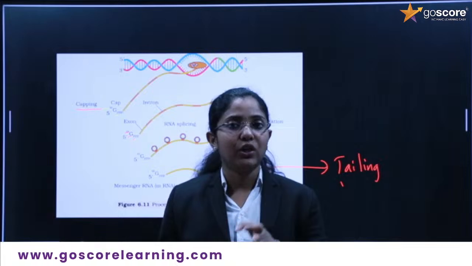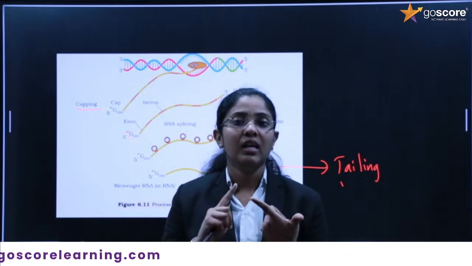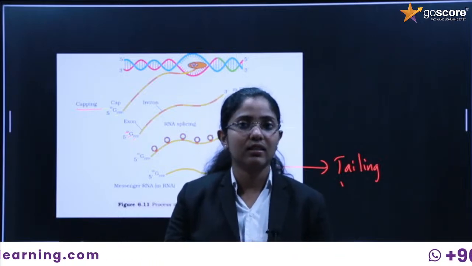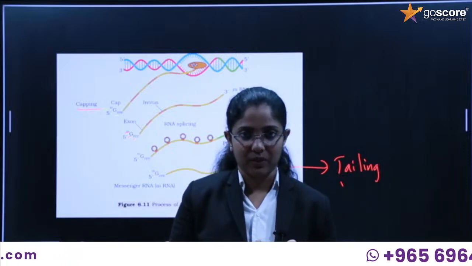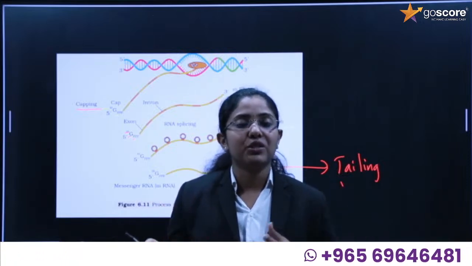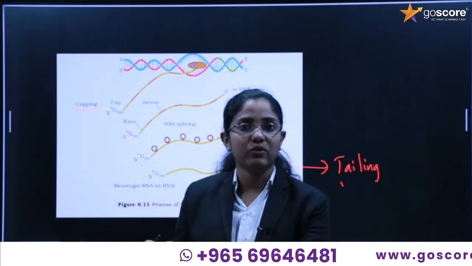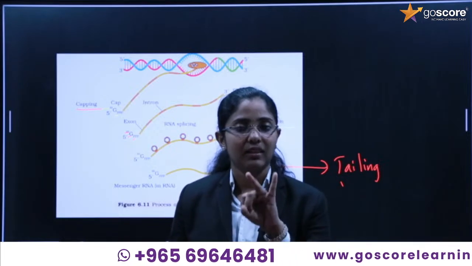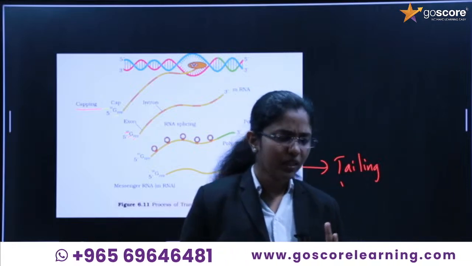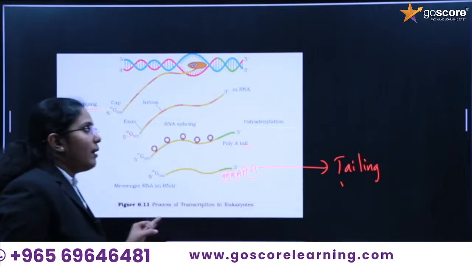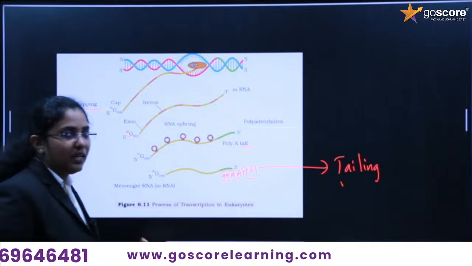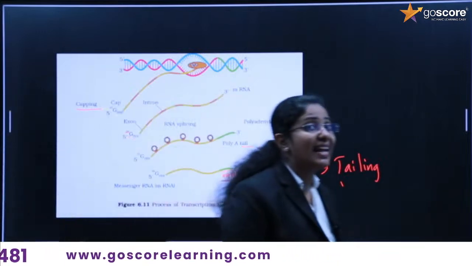Then the process is initiation, then elongation, then the third step is termination. Moving to the difference between prokaryotic and eukaryotic transcription, eukaryotes have 3 more steps: splicing, then capping, and the third one, tailing. Okay, that's all about transcription.